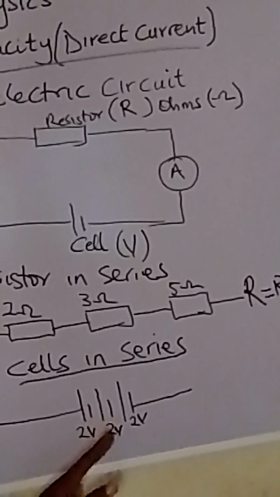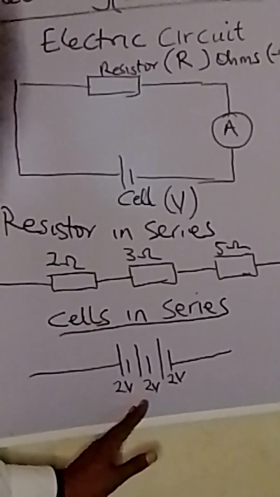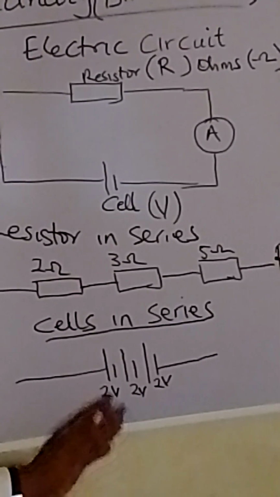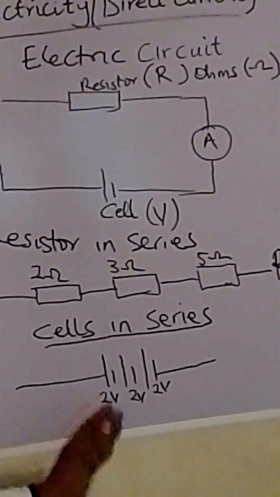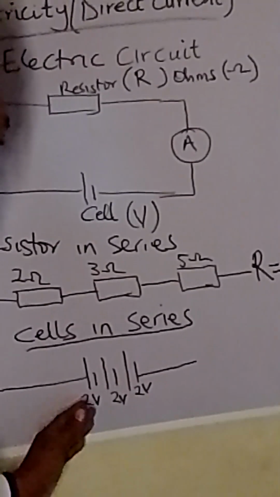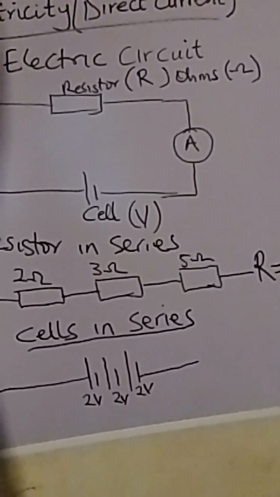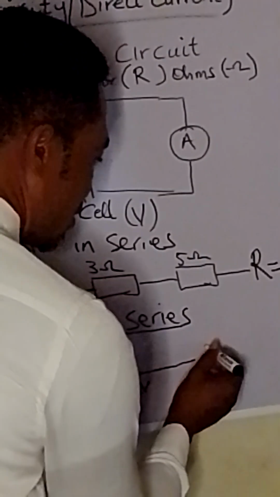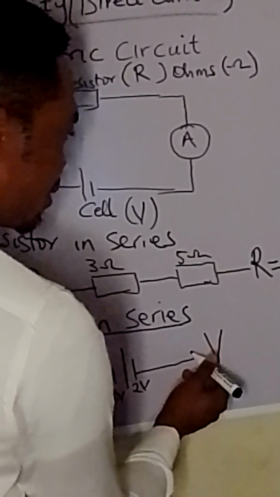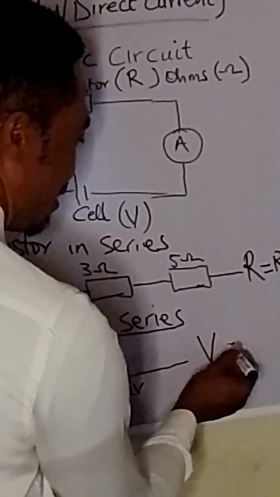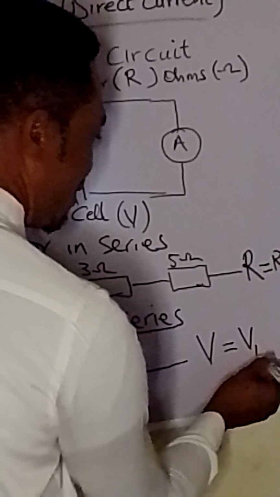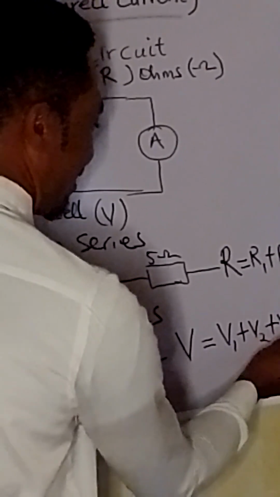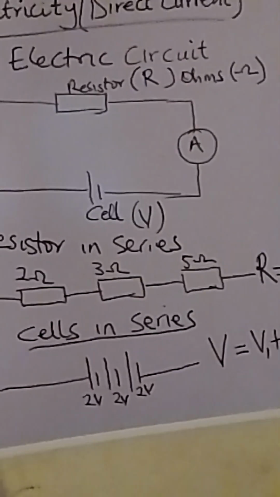Whereas, when we are talking about cells that are connected in series, it's still the same way. We get the total potential difference in the circuit by adding all the potential difference. That is to say, we have V, which is the resultant potential difference, is equal to V1 plus V2 plus V3. That is for series connection.